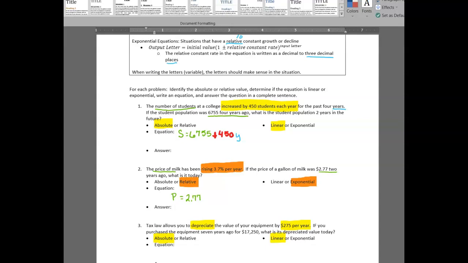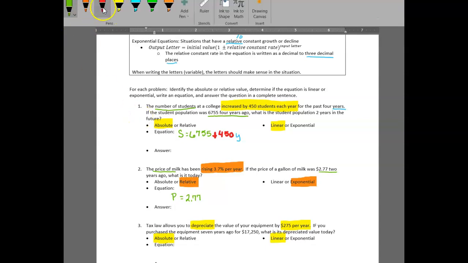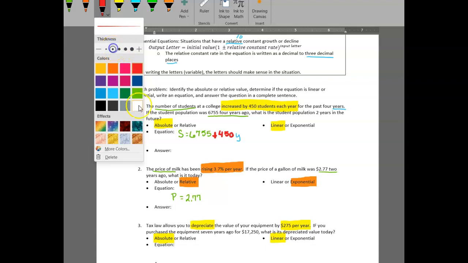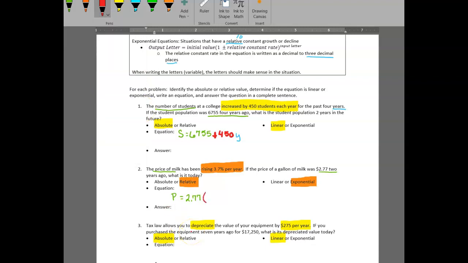And now we're going to do 1 plus, now 3.7, so that's 0.037, and we want 3 decimal places, and that's okay. So 0.0370, and then we're going to raise this, and this is happening every year. Okay, so talking about years, so we're going to raise it to the y power.